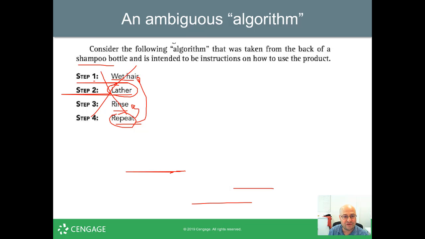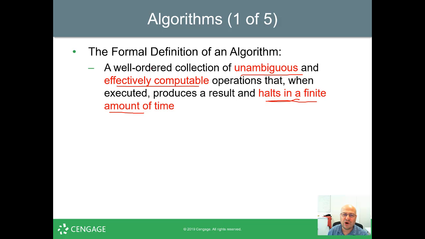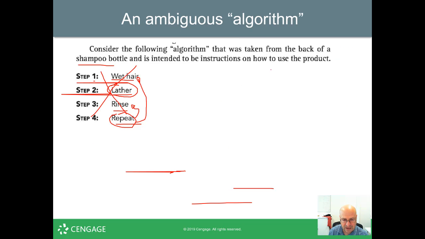It doesn't have any of the characteristics of a formal definition of algorithm. It's a well-ordered collection of operations, but it's not unambiguous, it's not effectively computable, and it doesn't stop in a finite amount of time. So that algorithm for washing hair is not an algorithm. It's just a sequence of steps.